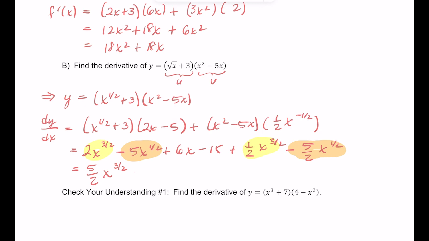And negative 5 minus 2.5 is negative 7.5, or negative 15/2. And then we're going to leave the exponent 1/2. And then I just have the plus 6x minus the 15.